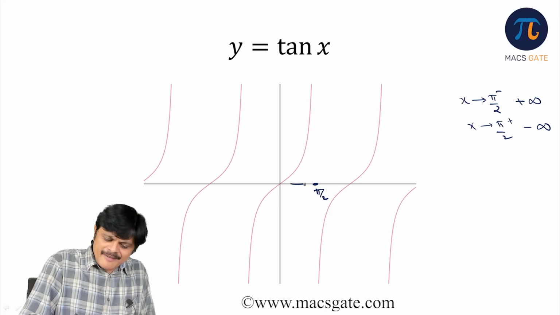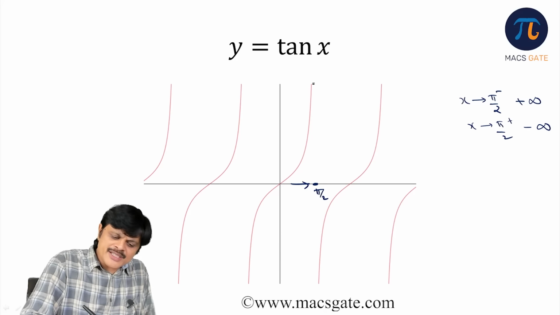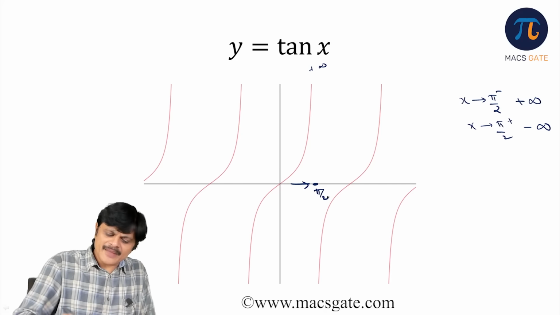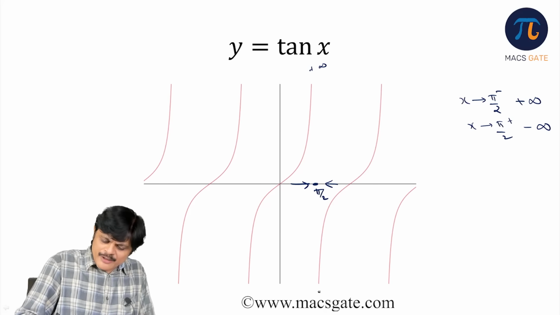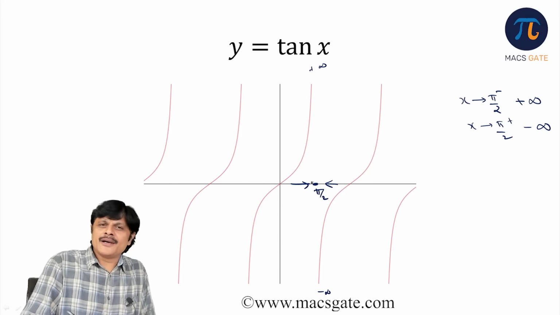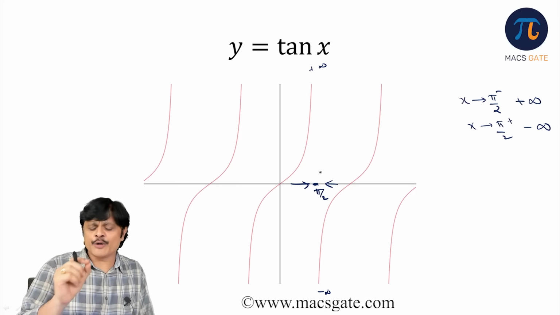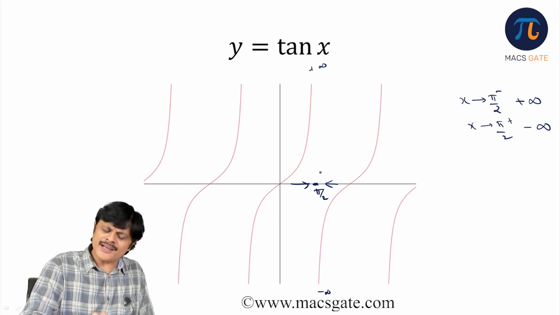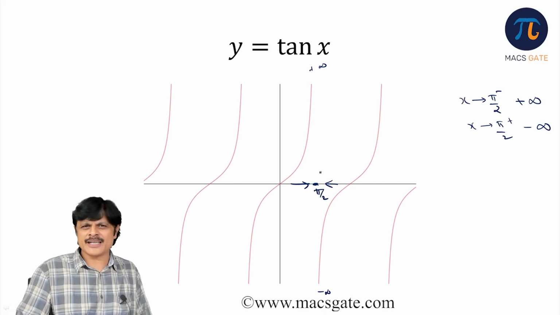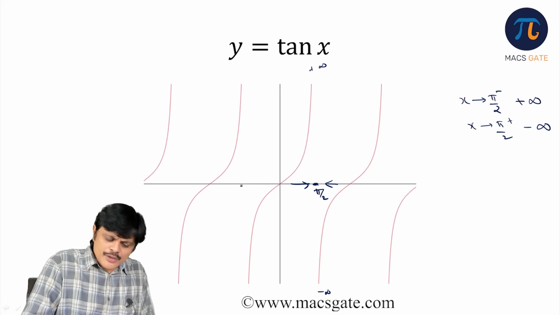From the left side when you are approaching, the functional value is reaching plus infinity, and when x approaches pi by 2 from the right side, the functional value is approaching minus infinity. So this has a discontinuity, we call it, at x equal to pi by 2. It is not defined at x equal to pi by 2. The limiting case values are tending to plus infinity and minus infinity. Is it clear? So similarly, it is at minus pi by 2 also, the story is the same.